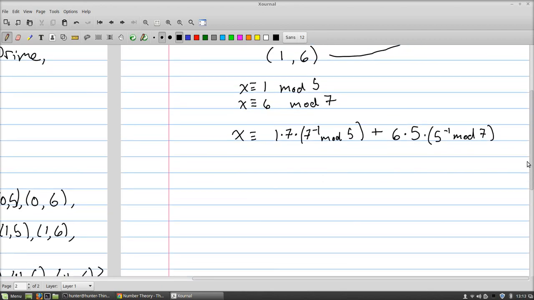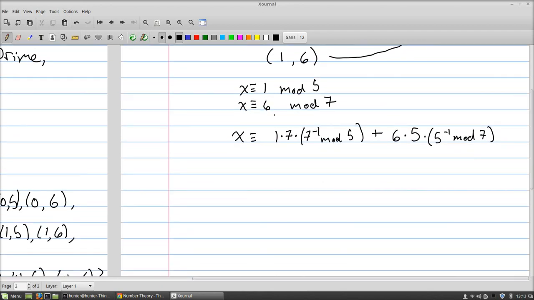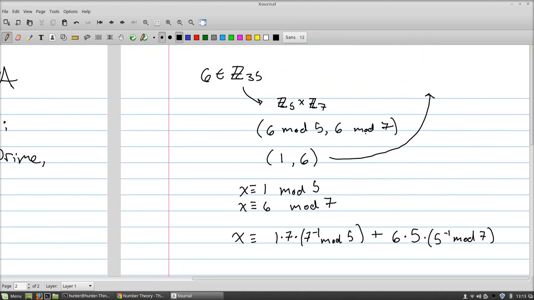You've got a number which is congruent to 1 mod 5, and that same number is congruent to 6 mod 7, and so it's a solution to this system of equations. And when we figure out what it is, that number will take us back up into Z35.